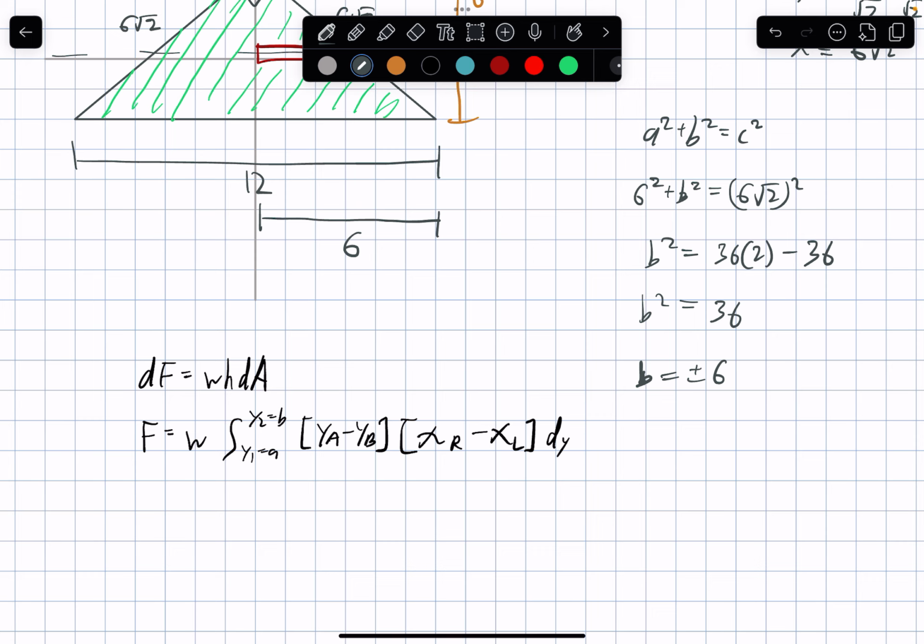It's just a small, really small value. So usually we just leave w as a constant. We don't substitute until we get everything done on the right side.